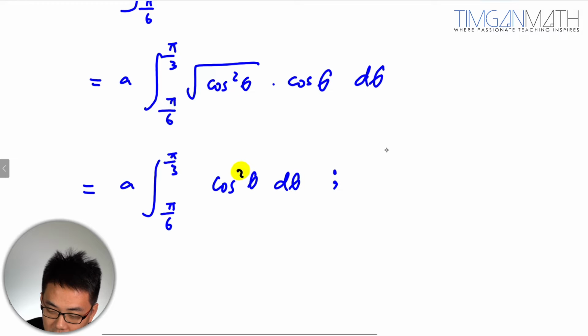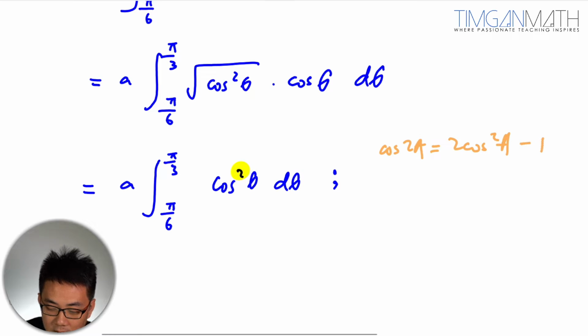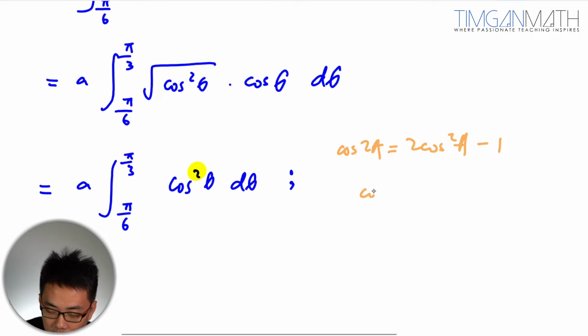So this cosine squared A is actually from the double angle formula found in MF26. So cosine squared A equals cosine 2A plus 1 over 2.